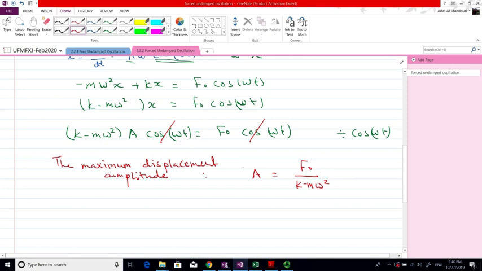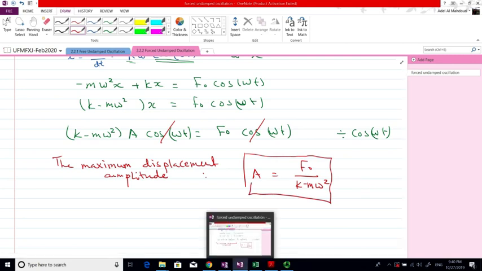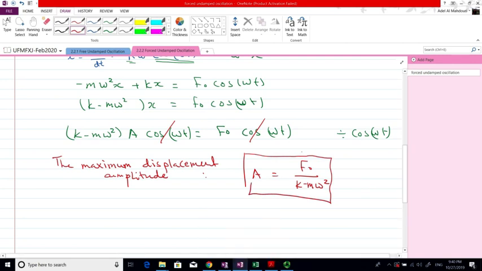All right, this is the maximum amplitude of oscillation for this forced undamped oscillation, right?